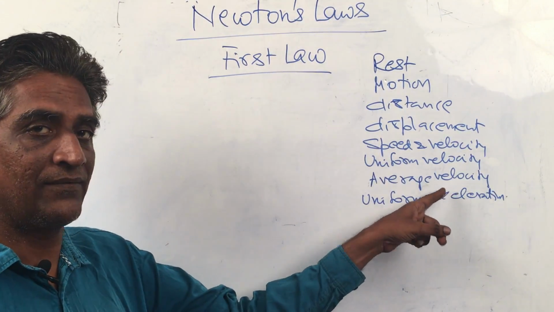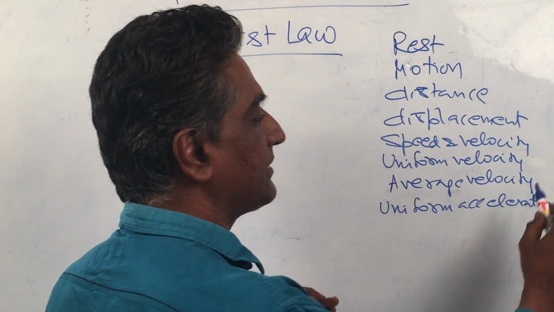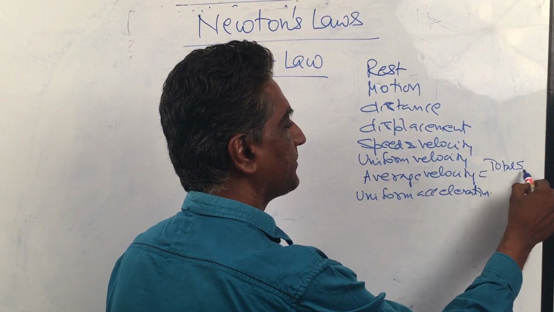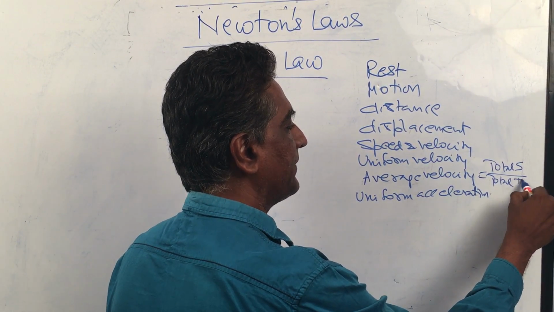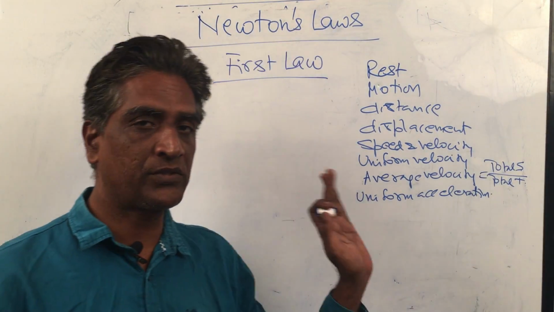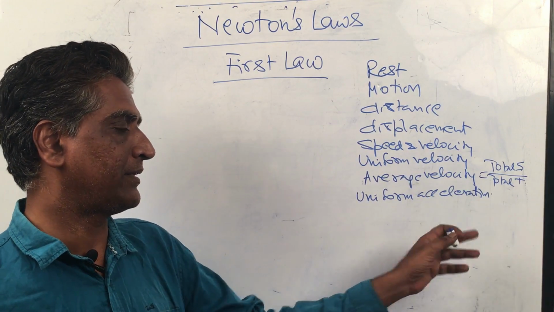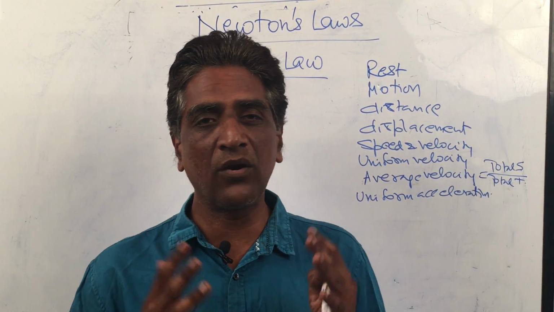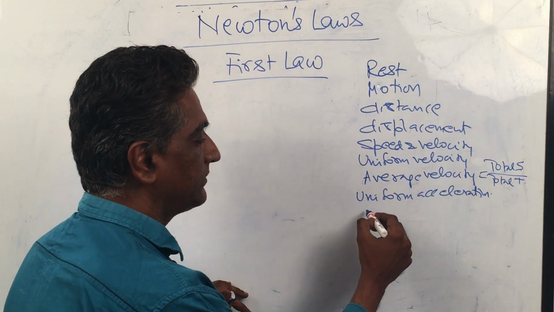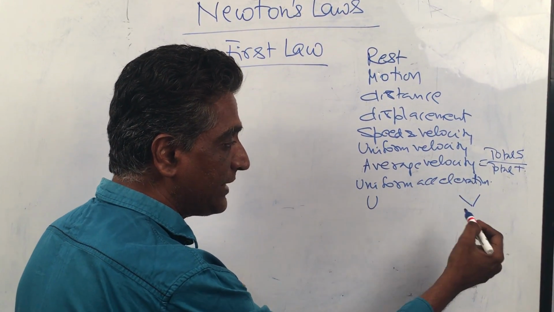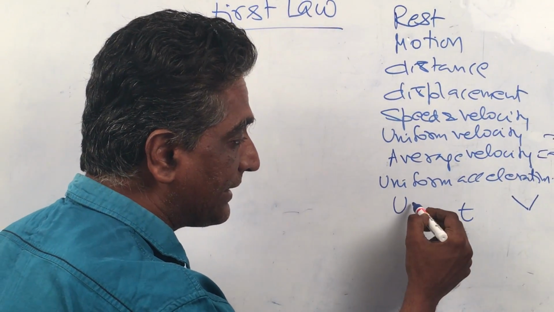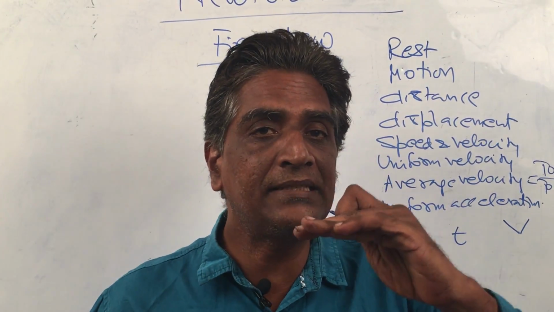We have average velocity. The velocity is changing, but if we take total displacement by total time, we get the average velocity. We understood that also, and we understood uniform acceleration. If there is non-uniform acceleration, we cannot get any single number, but if there is uniform acceleration, the initial velocity is u, the final velocity is v, the change in velocity happens in time t, and at every point the increase in velocity is constant.